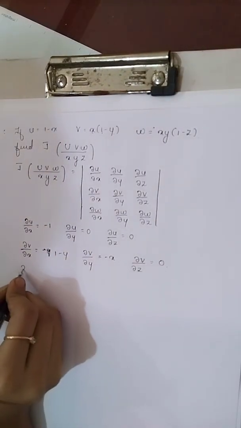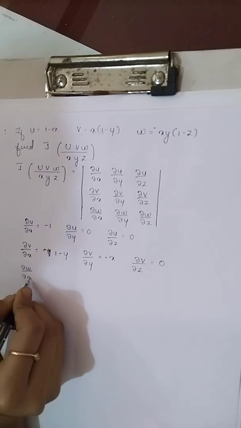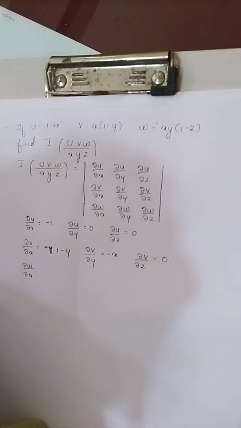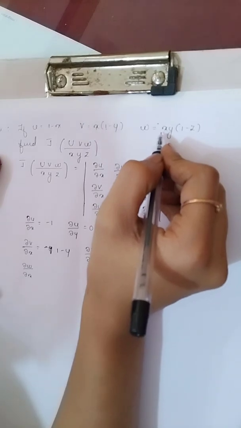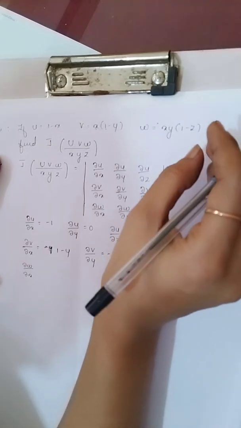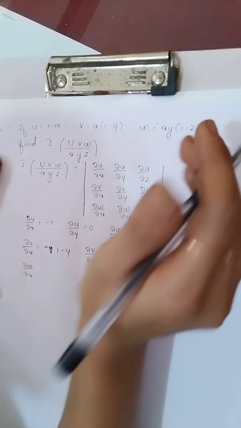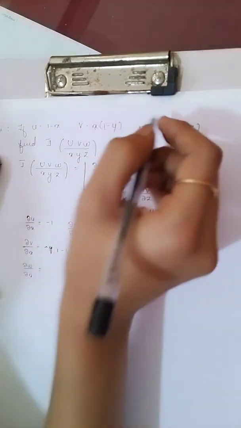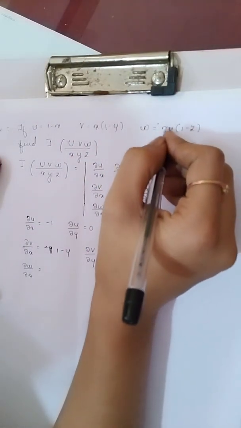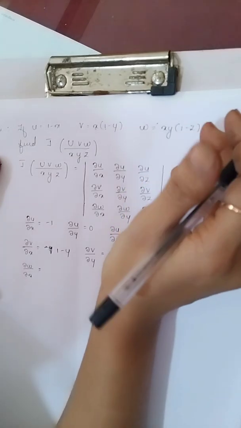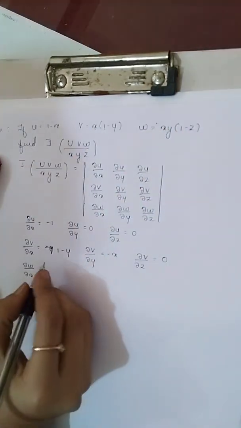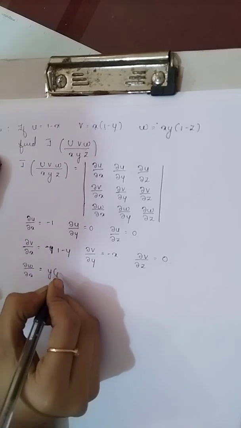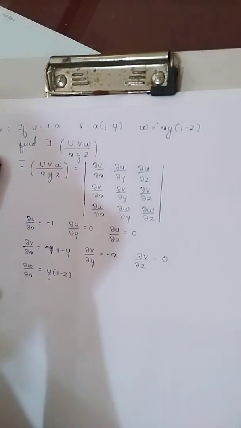Then next, find dou w by dou x. Differentiate w partially with respect to x, y and z. Keep the term y into 1 minus z as it is, and differentiate w partially with respect to x. Y into the bracket 1 minus z is constant, so we have the value y into the bracket 1 minus z.